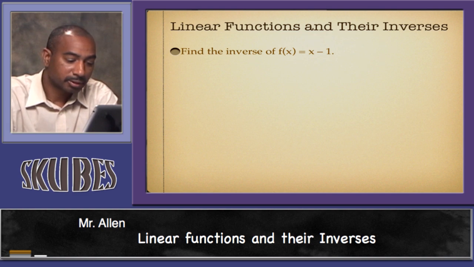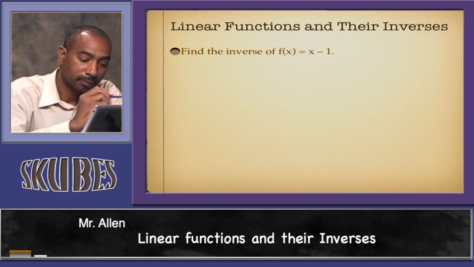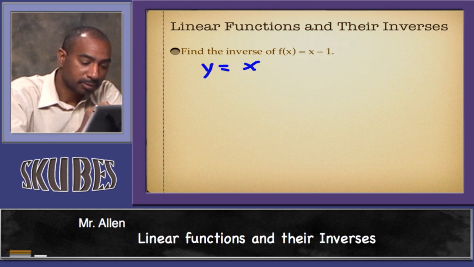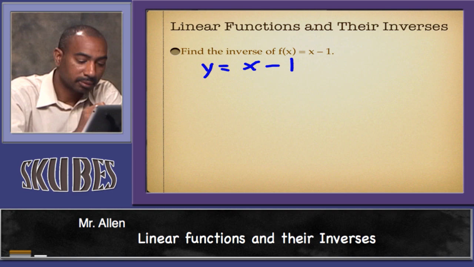Find the inverse of f of x equals x minus 1. So I'm going to put y equals x minus 1. And we're going to solve for x in terms of y. So the opposite of negative 1 is positive 1.